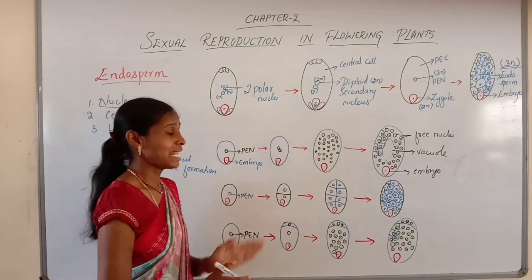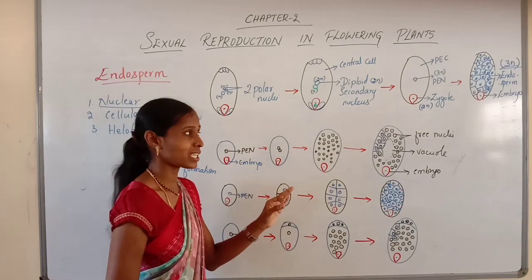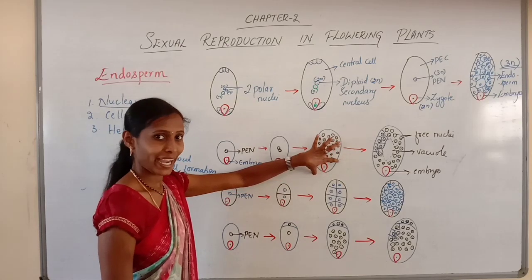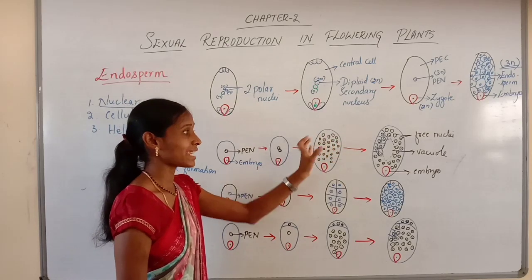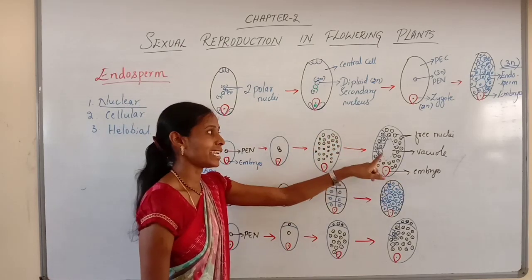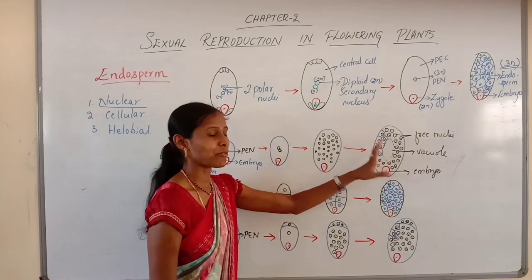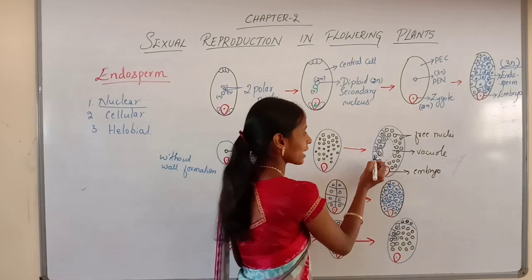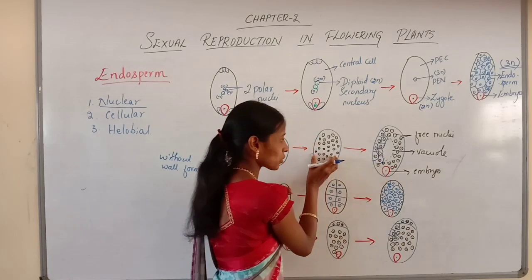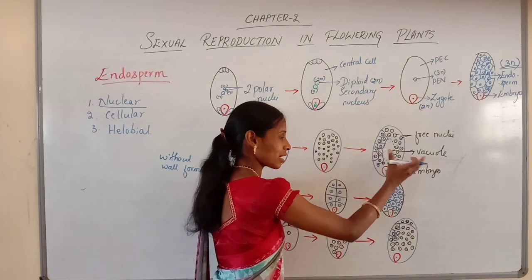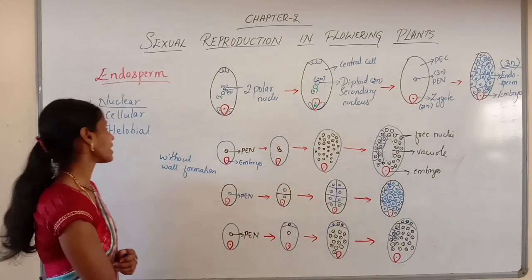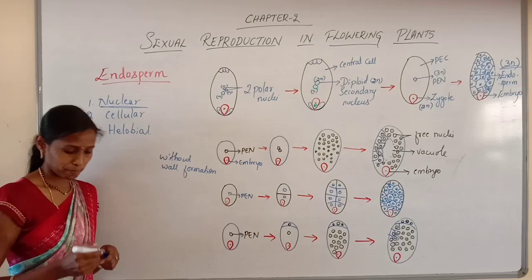But they do not remain as they are. At this stage we can say it is a nuclear endosperm. But each nucleus is subsequently surrounded by a cell wall, and finally the free nuclear endosperm becomes a cellular endosperm. So this is a free nuclear endosperm. Later it gets converted into the cellular endosperm, that is in case of the nuclear type.